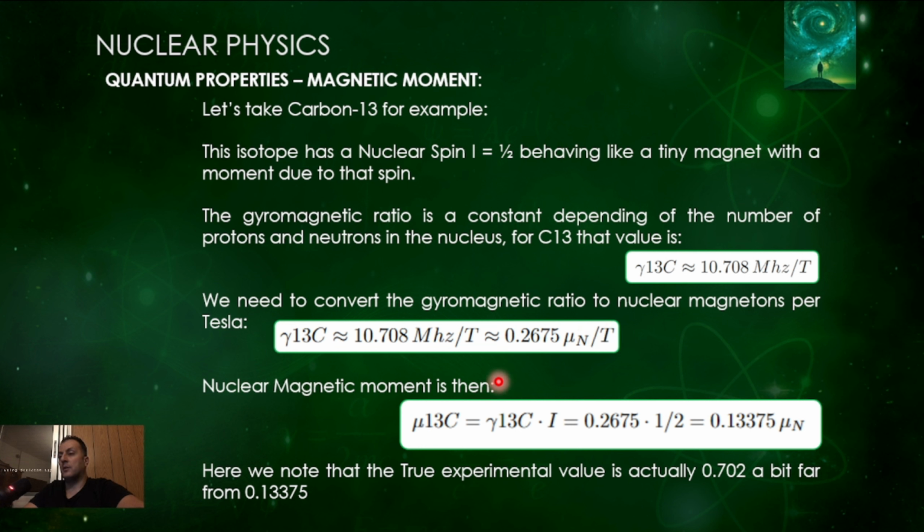Now, the nuclear magnetic moment is then 0.2675 times 1/2, which is the spin, and hence you get 0.13375 magnetons, correct? So from the gyromagnetic ratio, we can derive the nuclear magnetons.